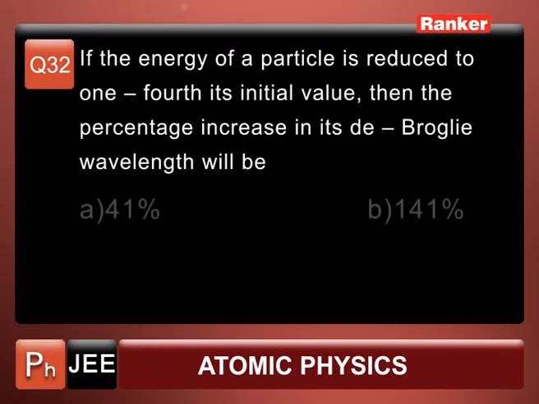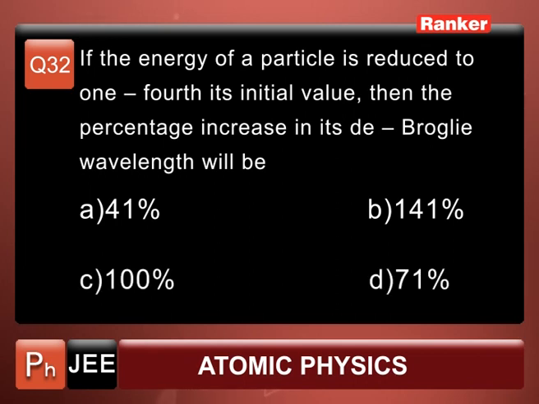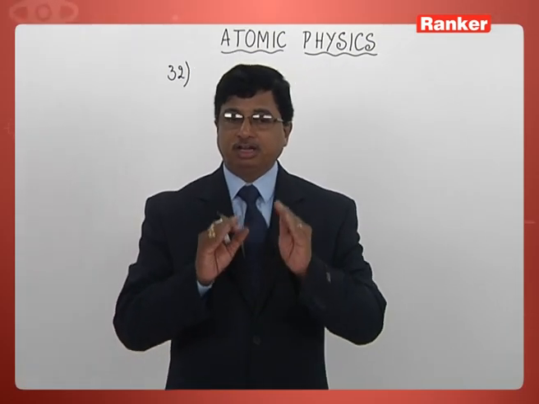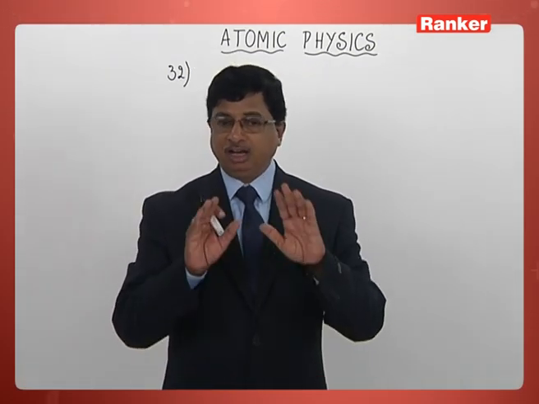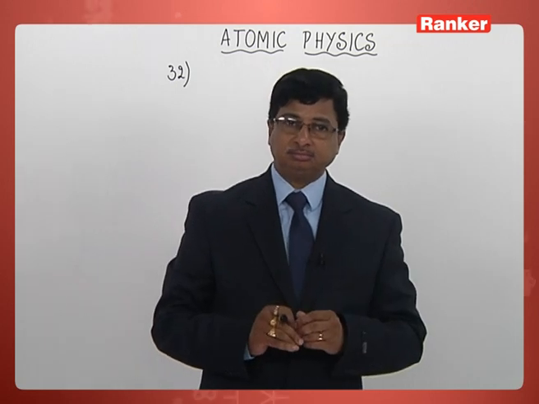If the energy of a particle is reduced to 1/4 its initial value, then the percentage increase in its de Broglie wavelength will be how much? Wavelength is increasing and energy is decreasing.